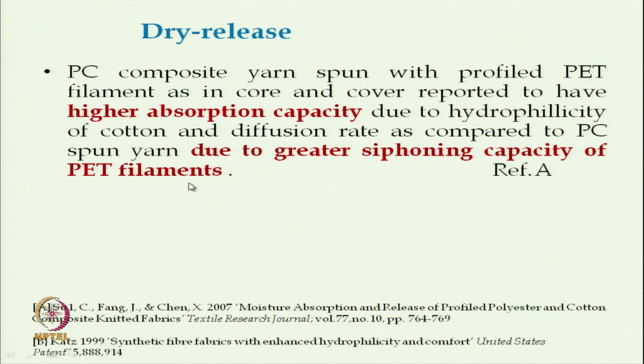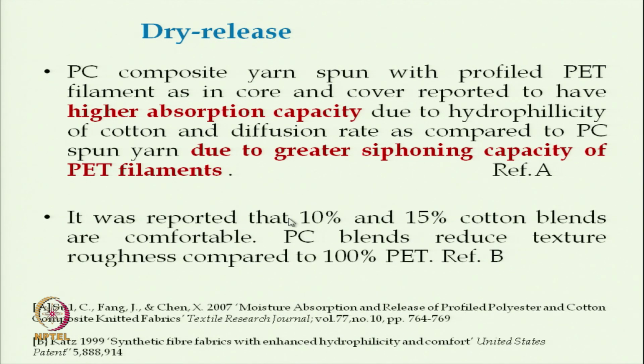This is the composite yarn spun with profiled polyester filament in the core. Why profiled? Because profiled polyester will have higher wickability, and these filaments are covered with a hydrophilic fiber like cotton, which has a higher absorption capacity.